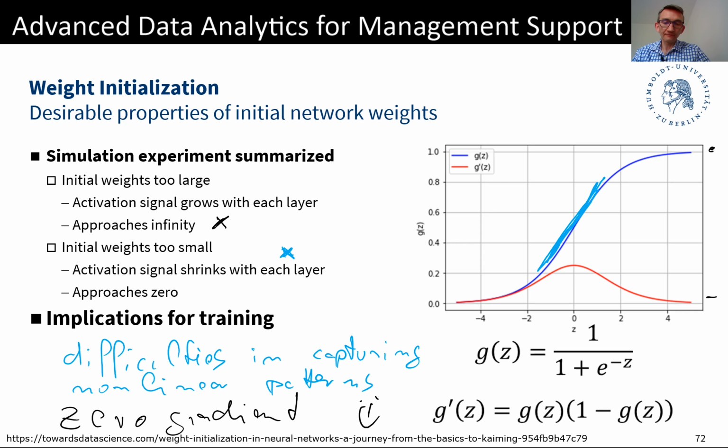And the other problem was the problem of having basically 0 gradient. We don't like 0 gradients. We find that extremely disappointing because we can't really update our weights in the scope of backpropagation, as we have seen before. So both is bad. And what was the problem again?